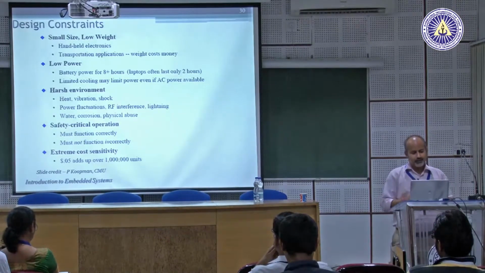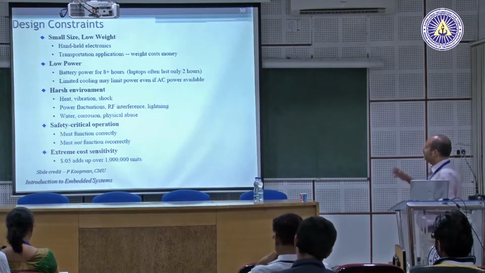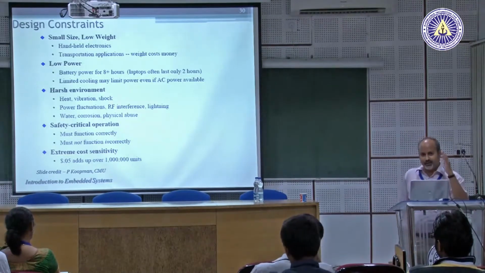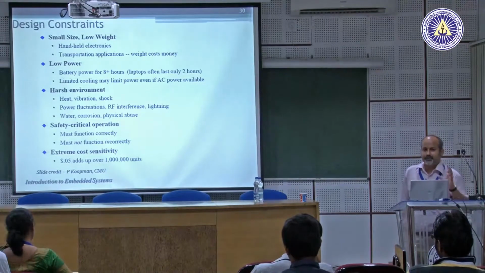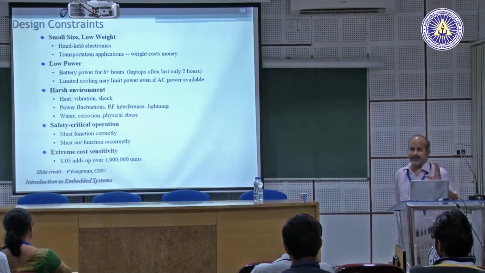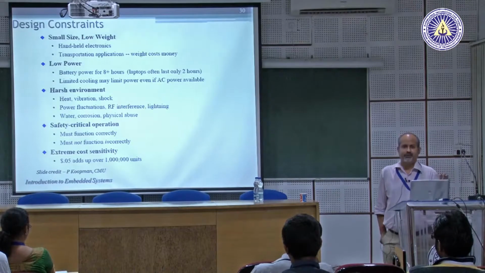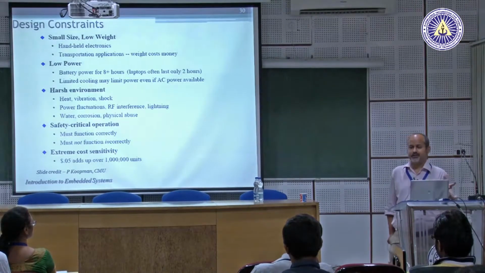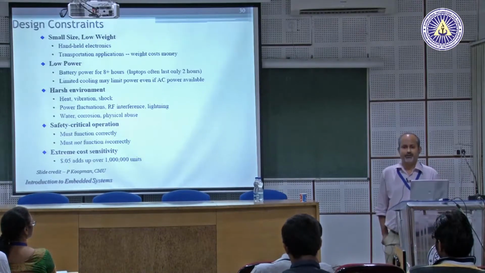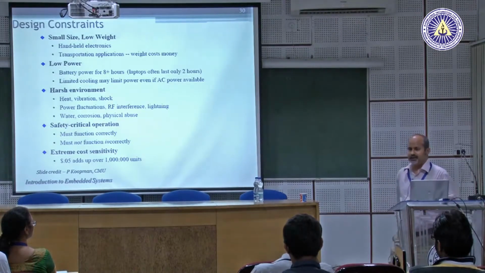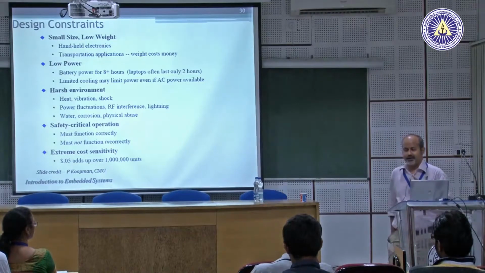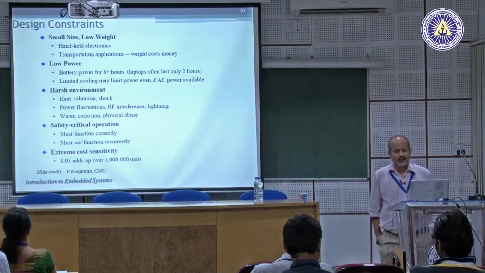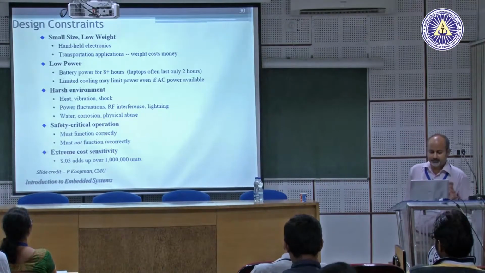So we already looked at some of these. But design constraints may be given to you in a very quantitative manner. For example, you might be told what the form factor is that you have to achieve, and sometimes the form factor is also associated with the power dissipation, for example, right? If your system gets heated up, then your package might melt, right? So you have to have the form factor associated with the heat dissipation requirements.